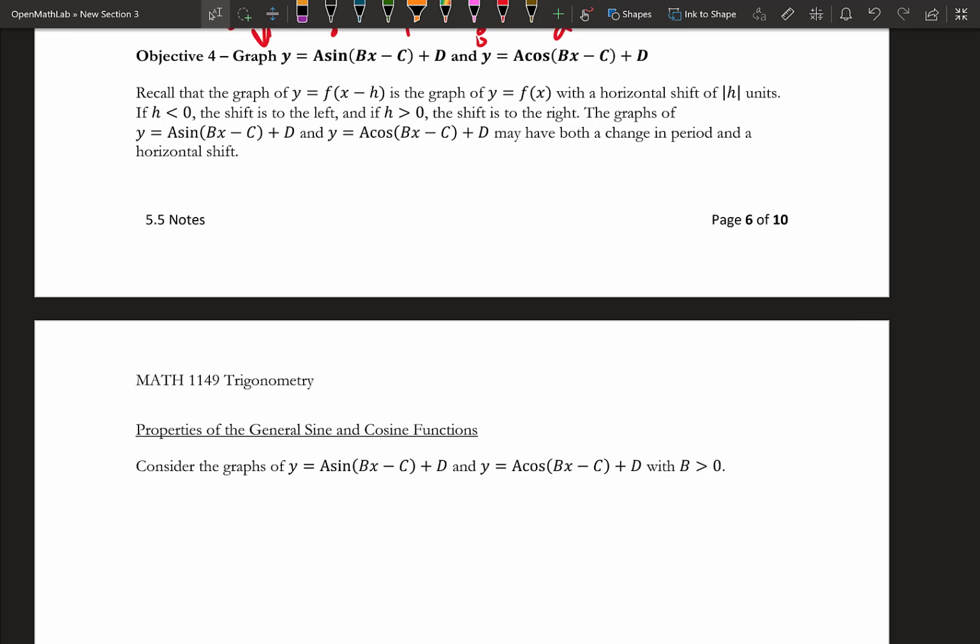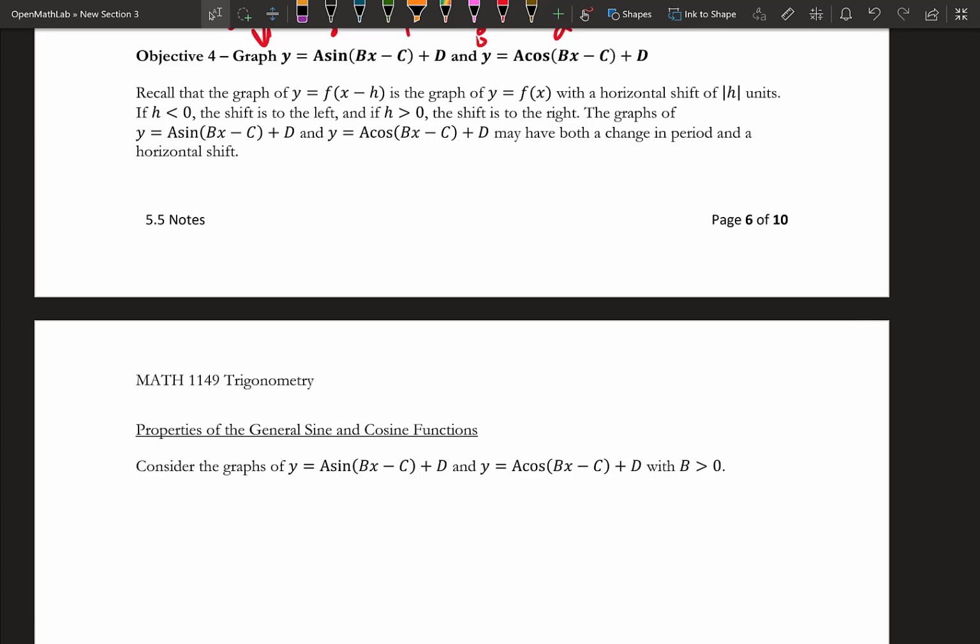Recall that if you have a graph y equals f of x minus h, that's the same graph as y equals f of x, but with a horizontal shift of absolute value of h units, right? If h is less than 0, it shifts to the left. If h is positive, it's going to the right.